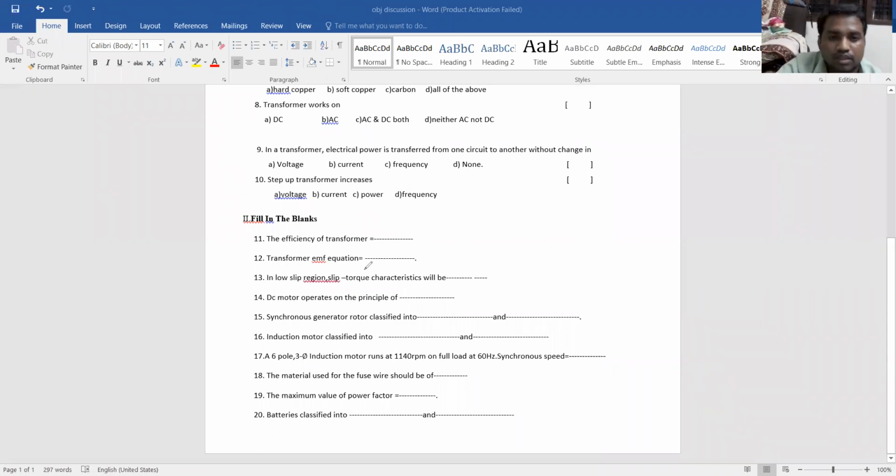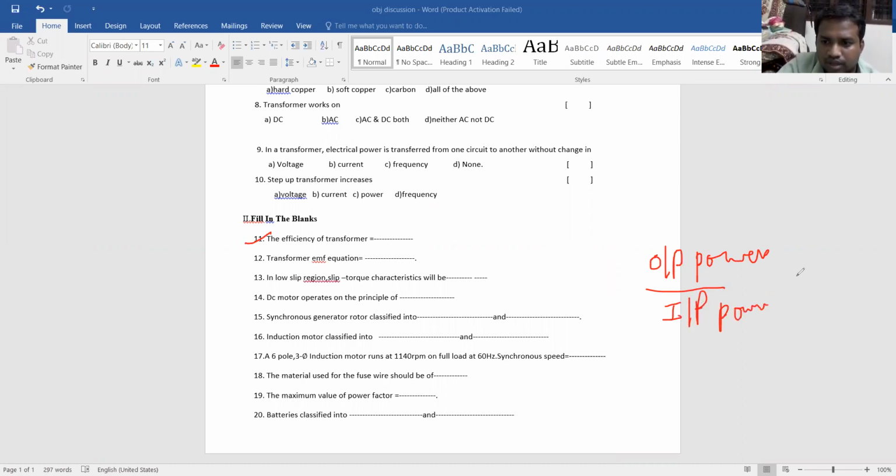Okay. The efficiency of a transformer. Transformer output is what? Electrical energy only. So the efficiency is output electrical power by input electrical power, into 100.